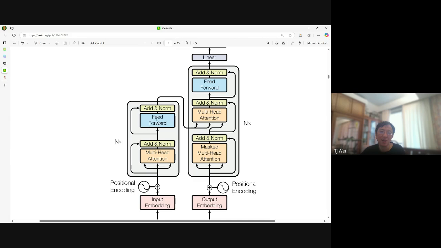There are several reasons that this feed-forward is only applied element-wise. One reason is that if we are considering variable-length sequences, it is impossible to have one single feed-forward applied to a variable-length sequence.